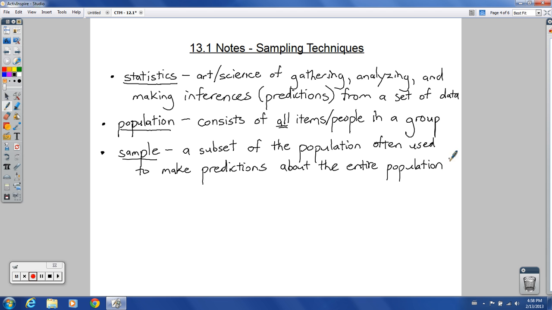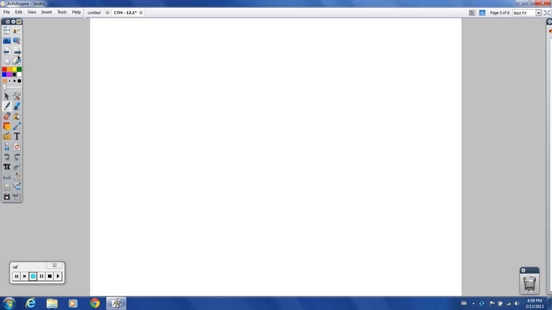So you may have heard of something called the Nielsen ratings before. That is a group that takes statistics about TV shows, and so they watch a certain sample of the population. There's no way to keep track of, at least the way our TVs are set up now, what every single person is watching at every single hour of the day. It would just be too costly, too much data coming in.